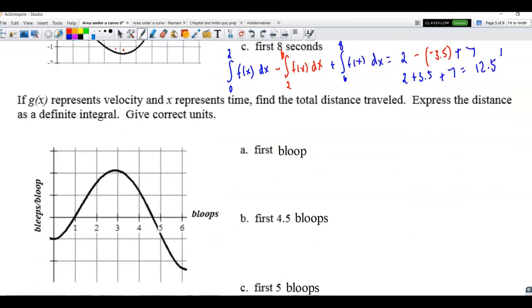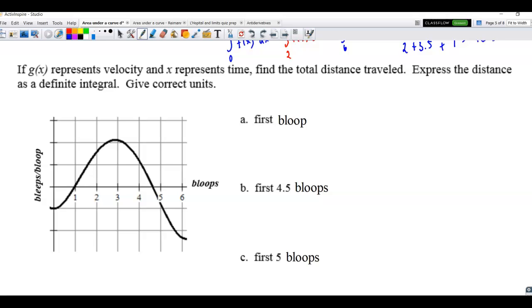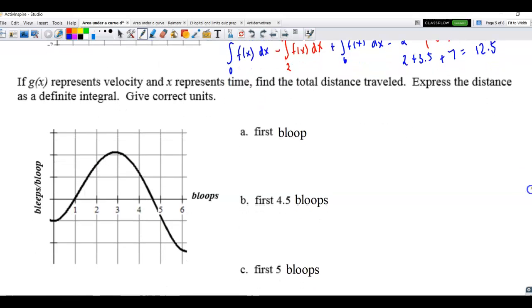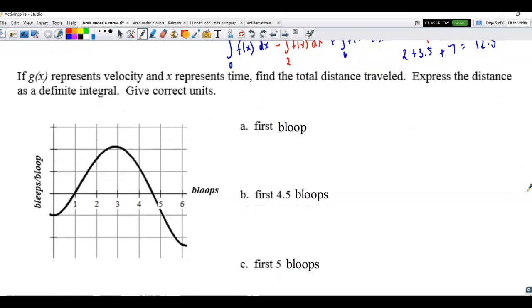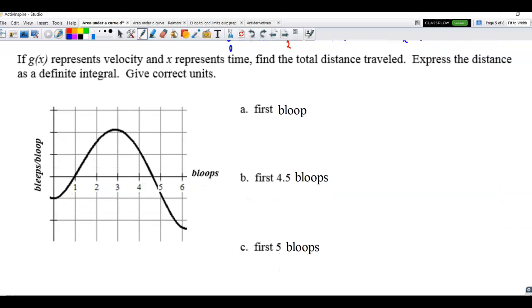All right, letter G is the next example, your example of nonsense units, to make sure you understand what's happening when you integrate the rate. So if g of x represents a velocity function, and this is the graph of g of x, and x represents time, find the total distance traveled.